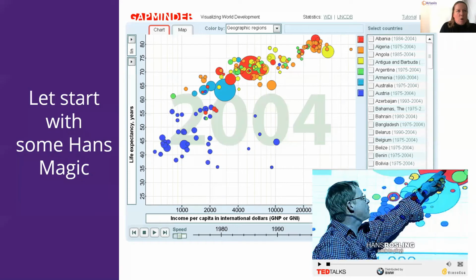What we're going to do first is start with a little bit of inspiration. Over the years, as I've been teaching data visualization to various teams, one of my favorite examples comes from Hans Rosling. Unfortunately he passed away a number of years ago, but in 2007 he gave a TED Talk, which is still renowned as the best statistical TED Talk ever given.